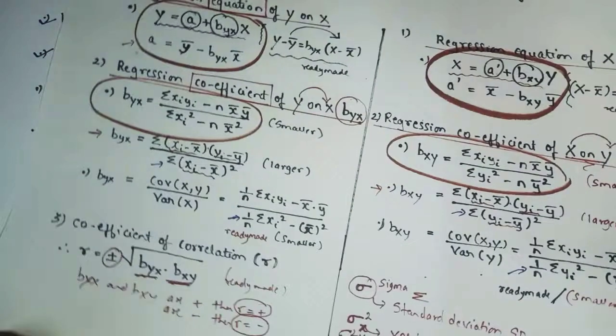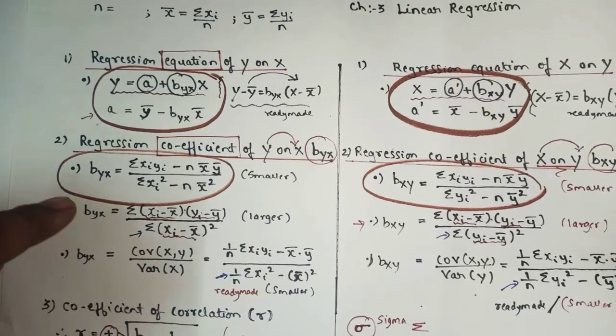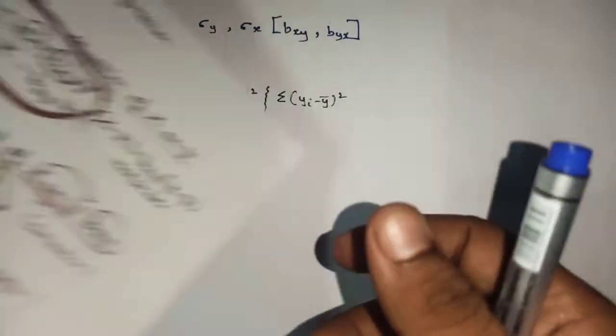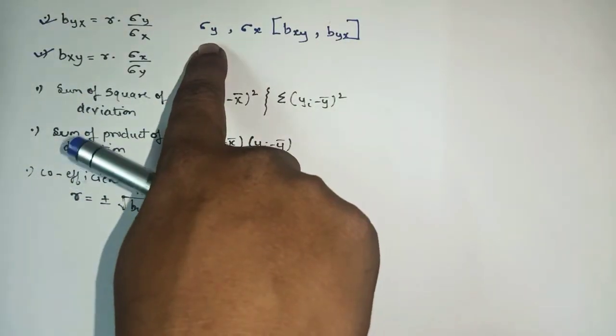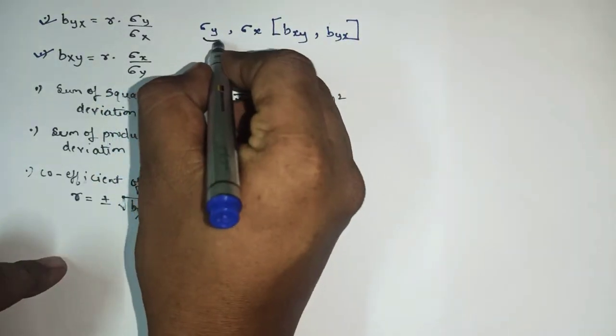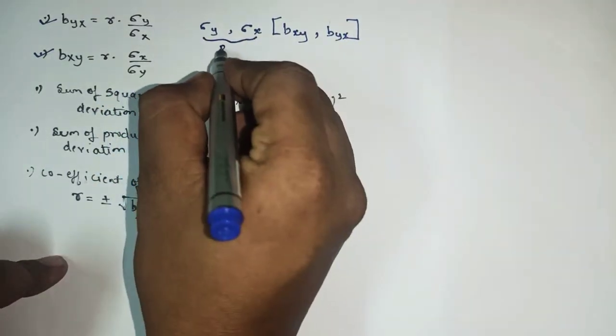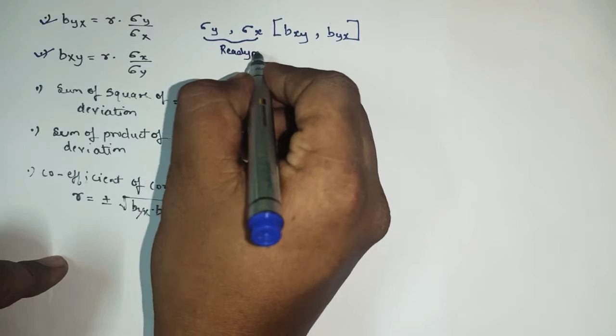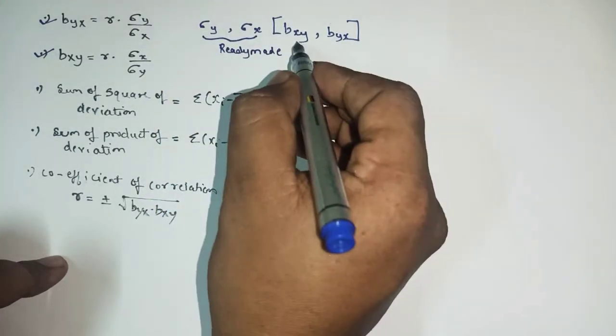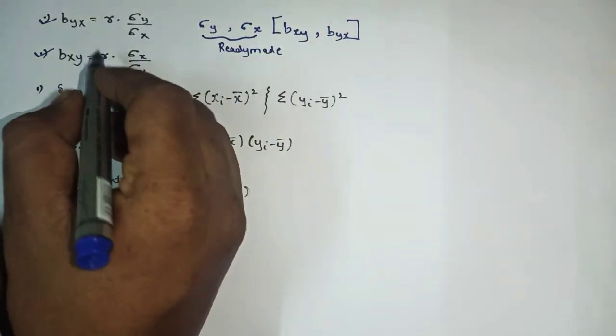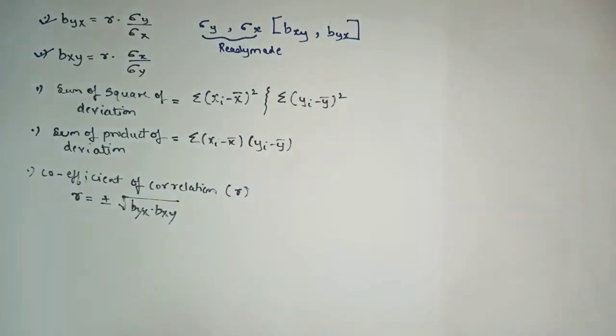You cannot apply the other formula to get the answer of byx and bxy. When you have these two ready-made values, and then you have to find bxy and byx, straight away you will apply this formula to get the answer.